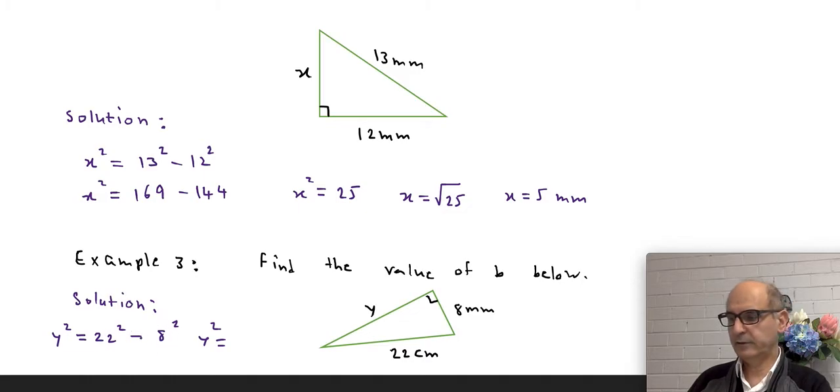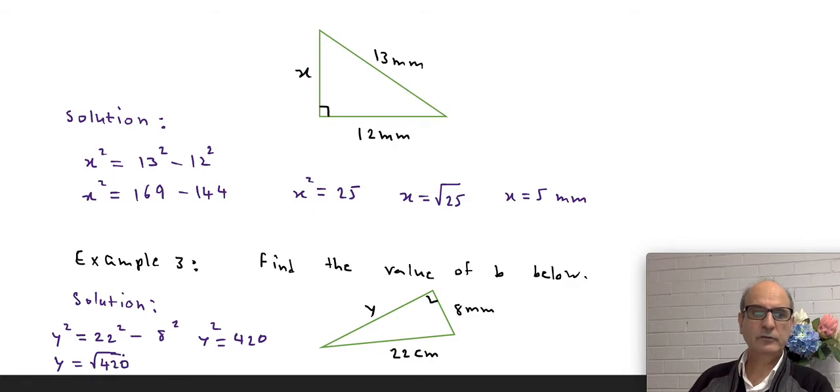From your calculator, you get 420. And now, to find y, you got to square root 420.